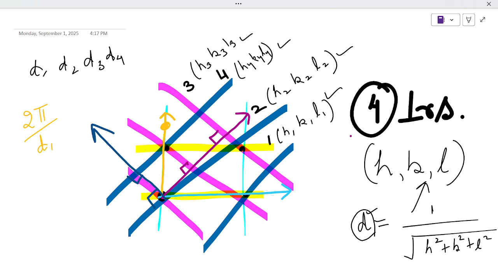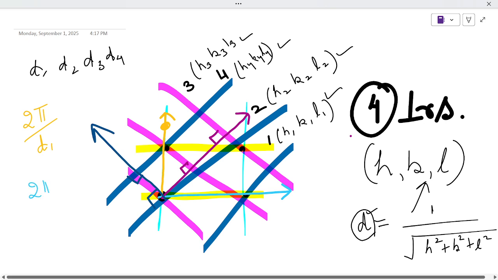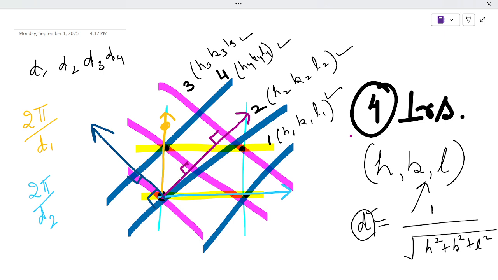Secondly, I will take 2 pi by d2, and d2 is my this, no, that is blue color. Okay. So 2 pi by d2, and that is here.